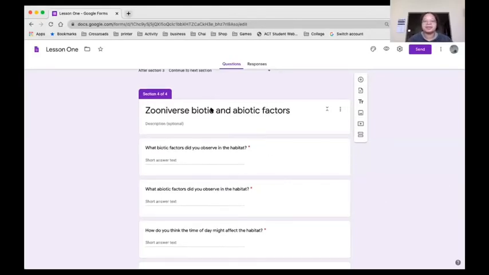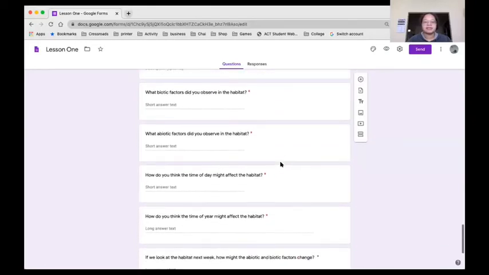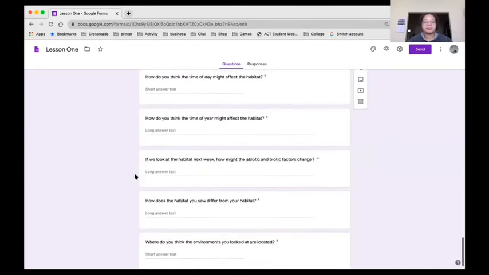You've got the Zooniverse biotic and abiotic factors, and you're going to write down a few of the biotic factors you saw, a few of the abiotic factors, and then answer a couple other questions. And once you're done writing down all the abiotic and biotic factors you saw, then you can actually submit the form. So you're done.